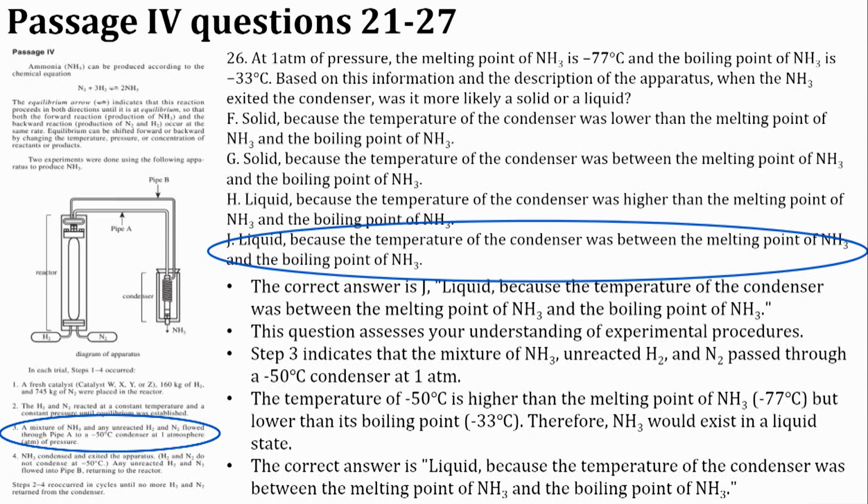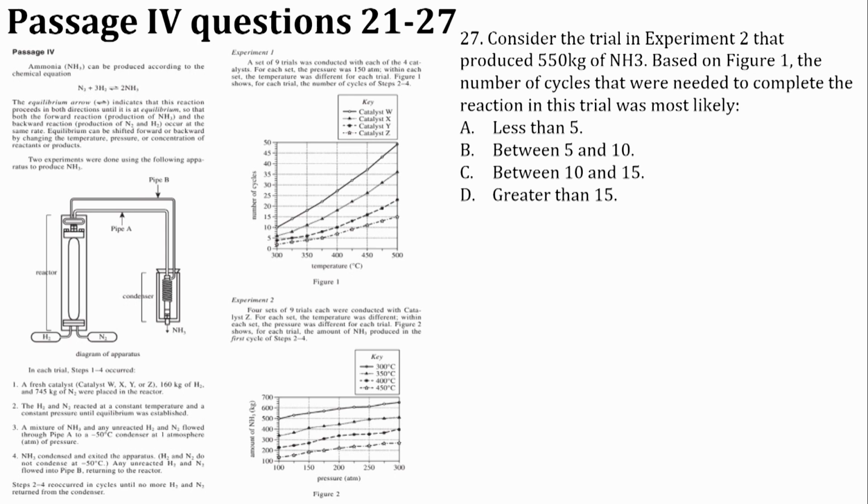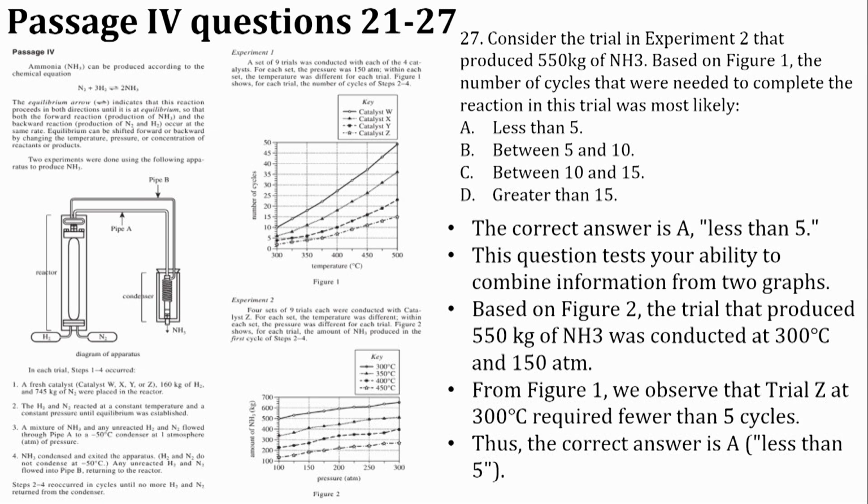Okay? Great work. I got one more question that goes along with this passage. Here's 27. It says, consider the trial in experiment 2 that produced 550 of NH3 on figure 1. The number of cycles that were needed to complete the reaction in this trial was most likely. The correct answer here is A, less than 5.